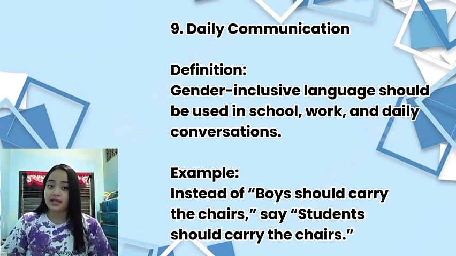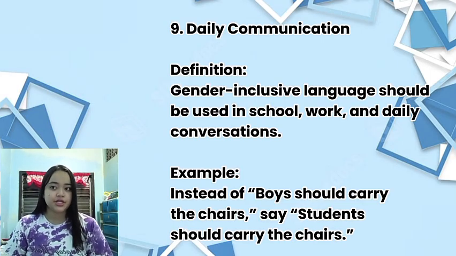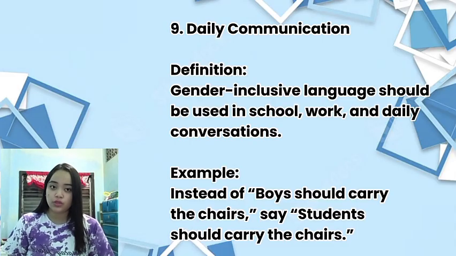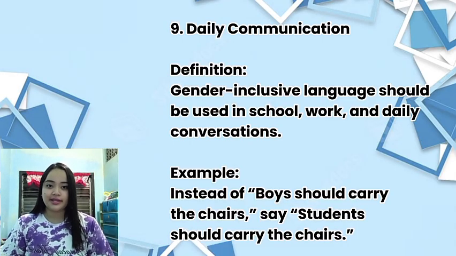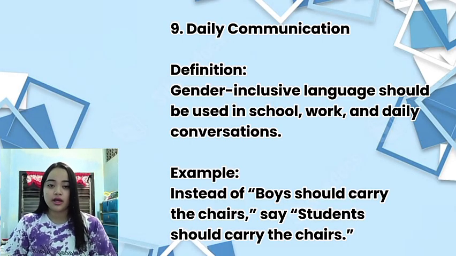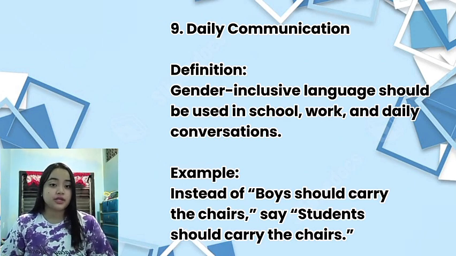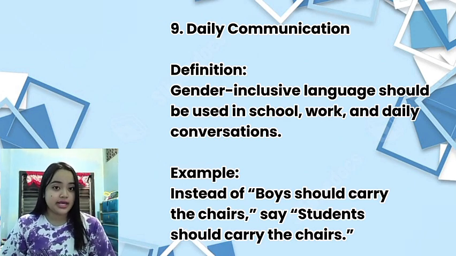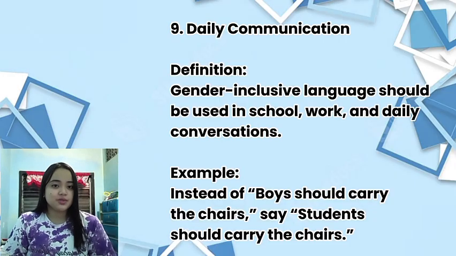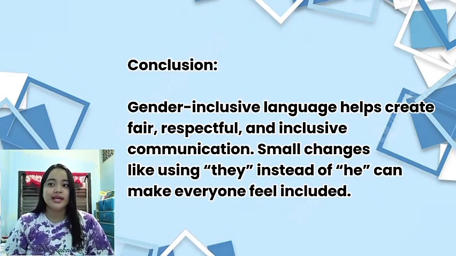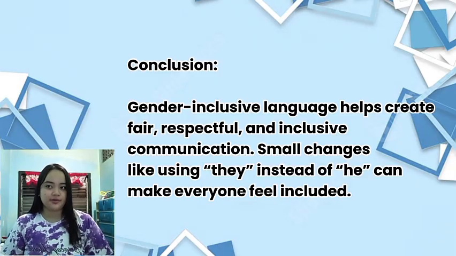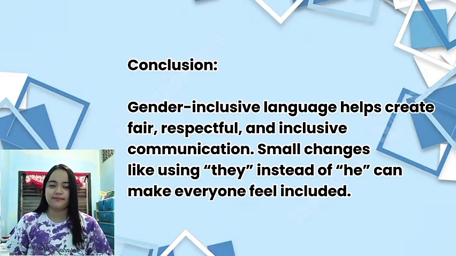This means that gender inclusive language should be used in school, work, and daily conversations. For example, instead of boys should carry the chairs, say students should carry the chairs. To conclude, gender inclusive language helps create fair, respectful, and inclusive communication.